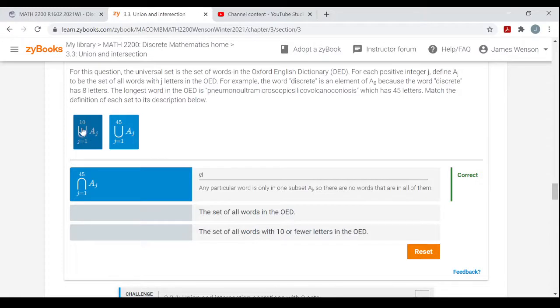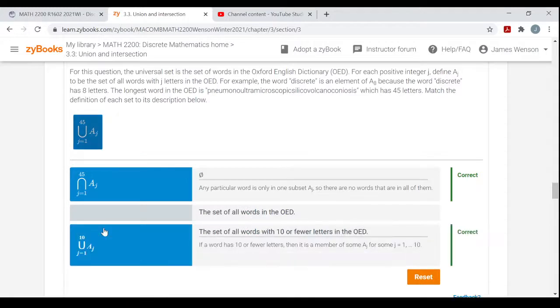Any word from the dictionary that belongs to this set is a word with either one letter or two letters or three letters or 10 letters. So this is going to contain all the words that are from 1 letter long to 10 letters long. So this is the set of all words with 10 or fewer letters in the Oxford English Dictionary. Again, hopefully that makes sense.